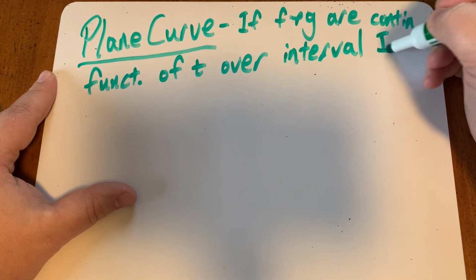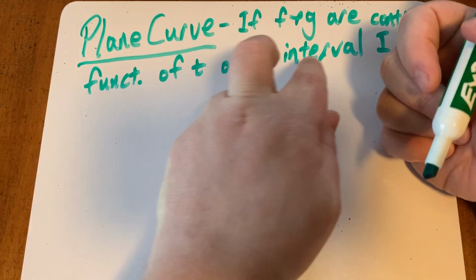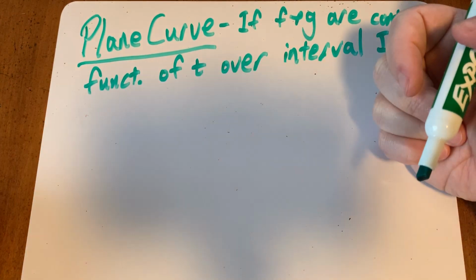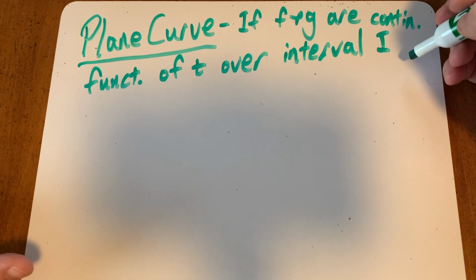Not all the time. If the interval is not given, you will just be taking the intersection of the domains of f and g. But oftentimes it will be given.